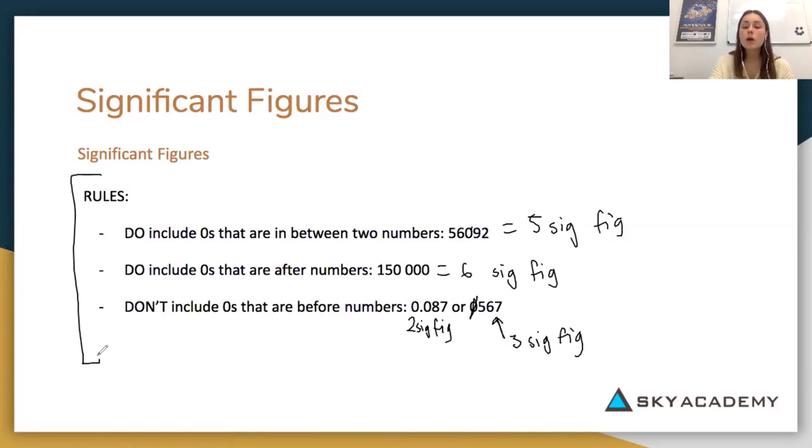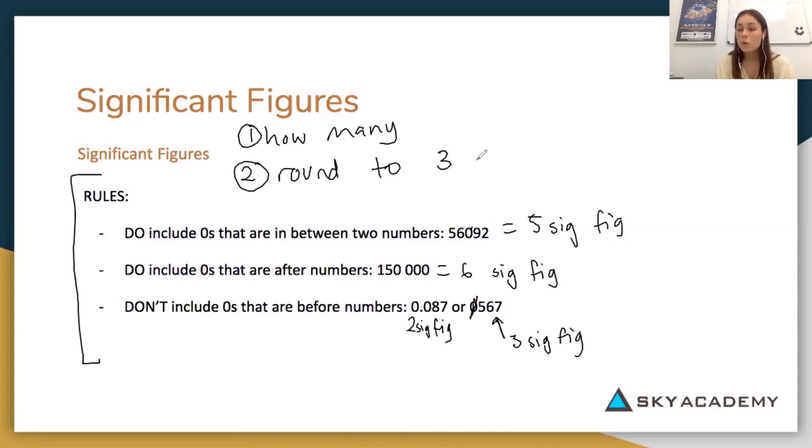When you're answering questions regarding significant figures, they could ask you, 1, how many significant figures there are, or 2, round or correct the number to 3 sig figs, or 4 sig figs, or 5 sig figs, round to a specific number of sig figs.